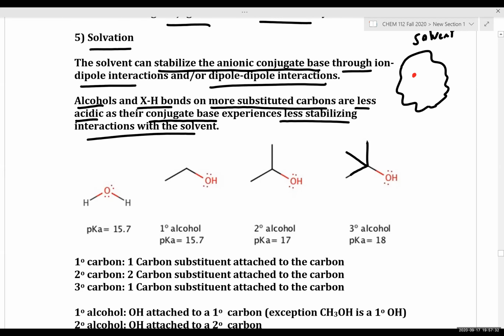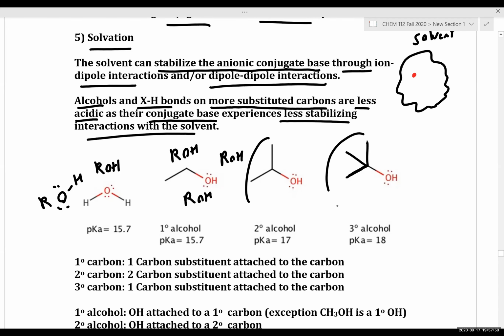Well, if we think about our solvent, let's pretend our solvent is like an alcohol, the less substitution we have, the easier it is to surround our anion with solvent.